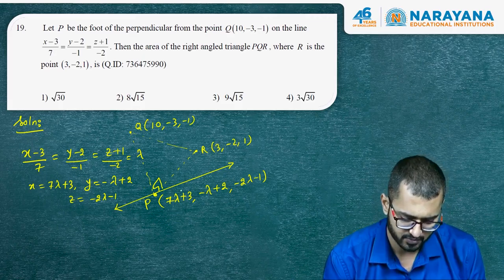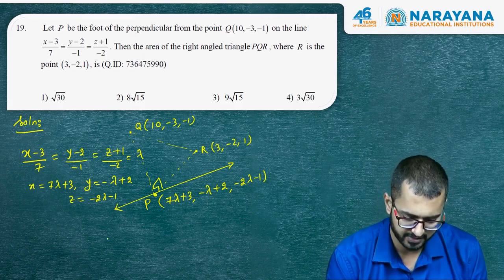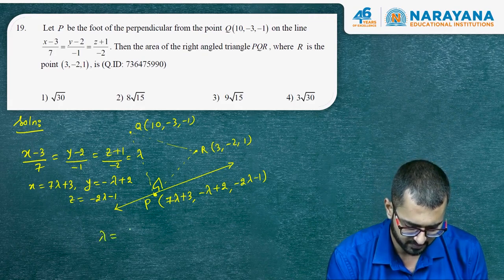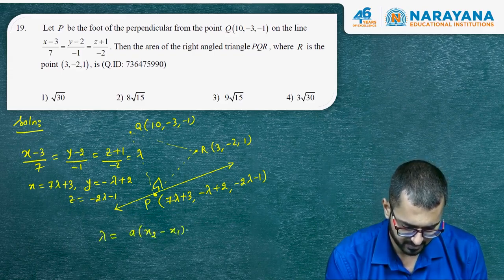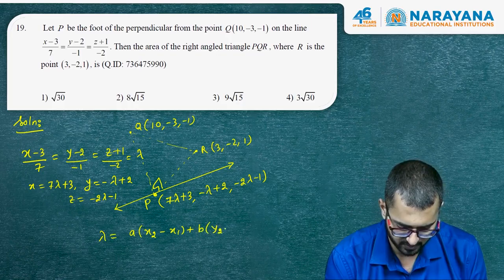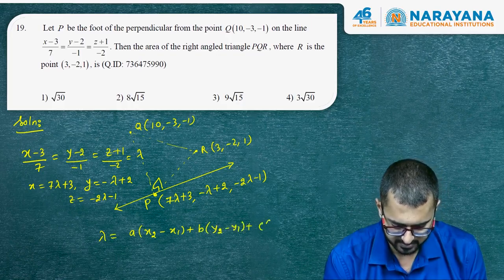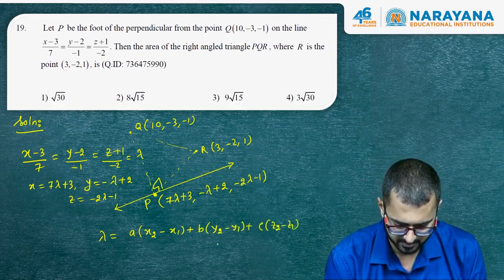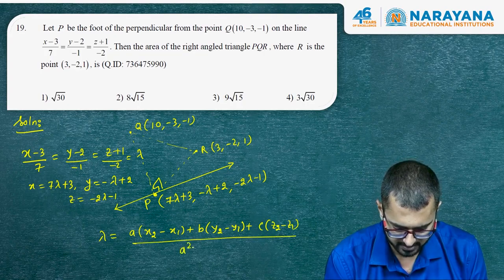So for that we can directly use lambda is equal to a into x2 minus x1 plus b into y2 minus y1 plus c into z2 minus z1 over a square plus b square plus c square.